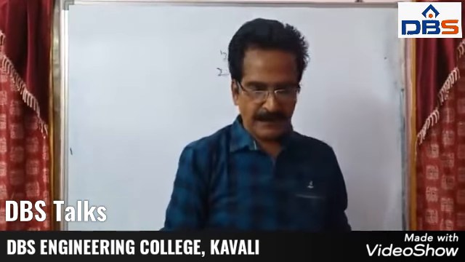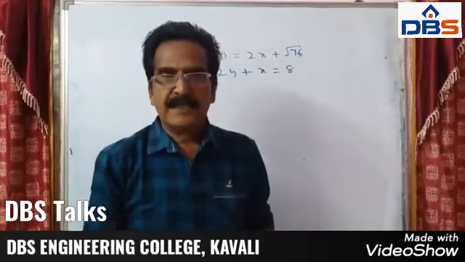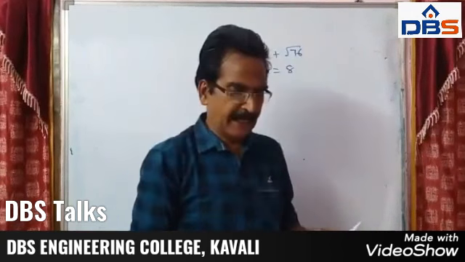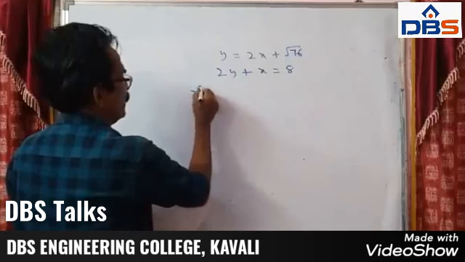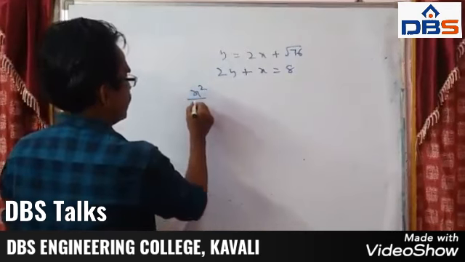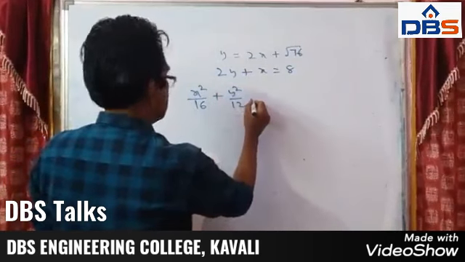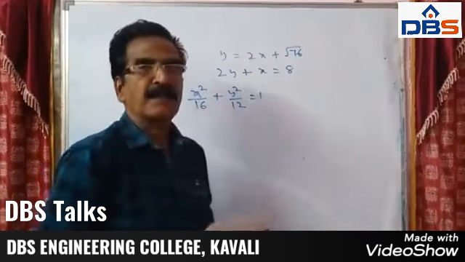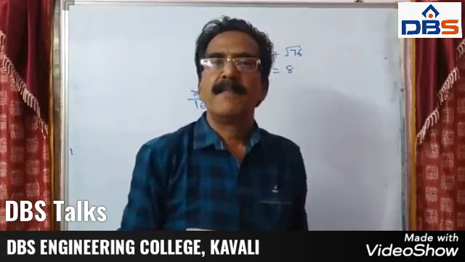These two lines touch the ellipse x square by 16 plus y square by 12 is equal to 1.